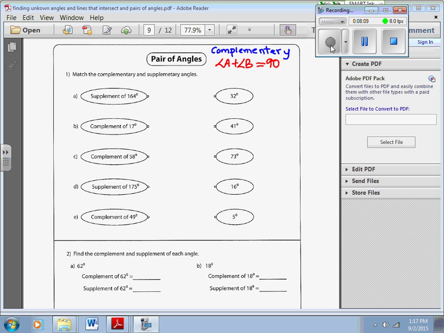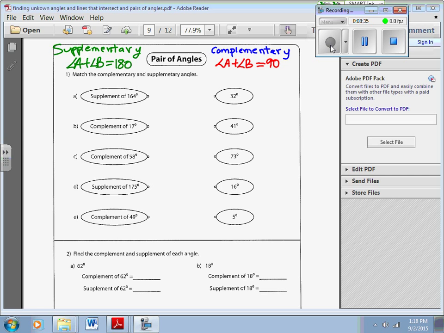Supplementary then. Supplementary. Obviously, they don't add up to 90, correct? Because if they add up to 90, then they are complementary, okay? Supplementary means the angles add up to equal, anybody remember? 180.